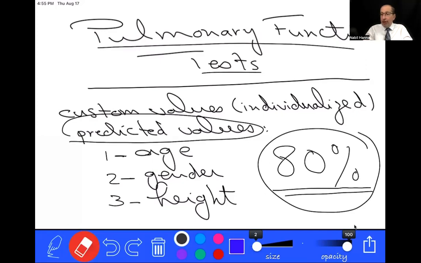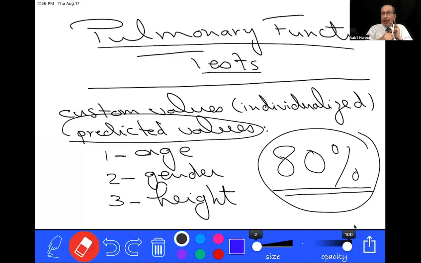Okay, so to begin with, the normal values for pulmonary function tests differ from one person to another, depending on the person's age, gender, and height. Age, gender, height. By the way, what seems to be missing here? Do you think you want to add a fourth parameter to determine your normal predicted values?